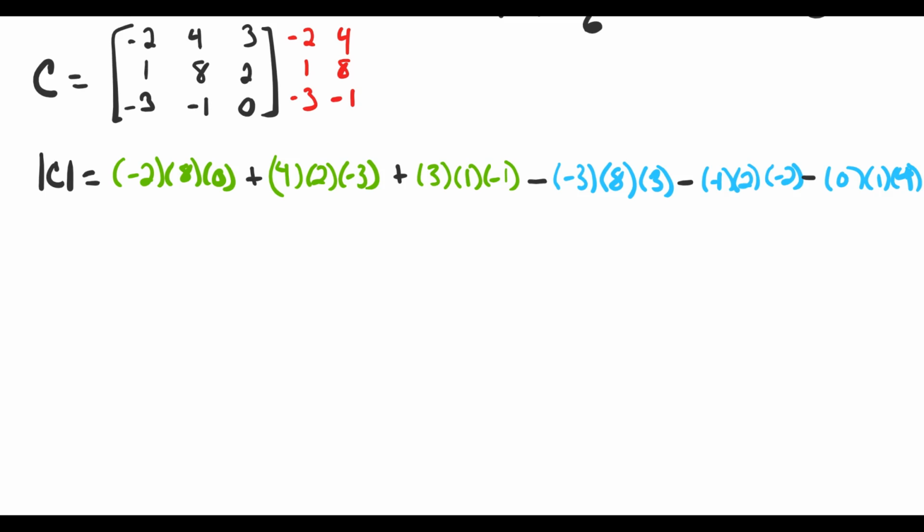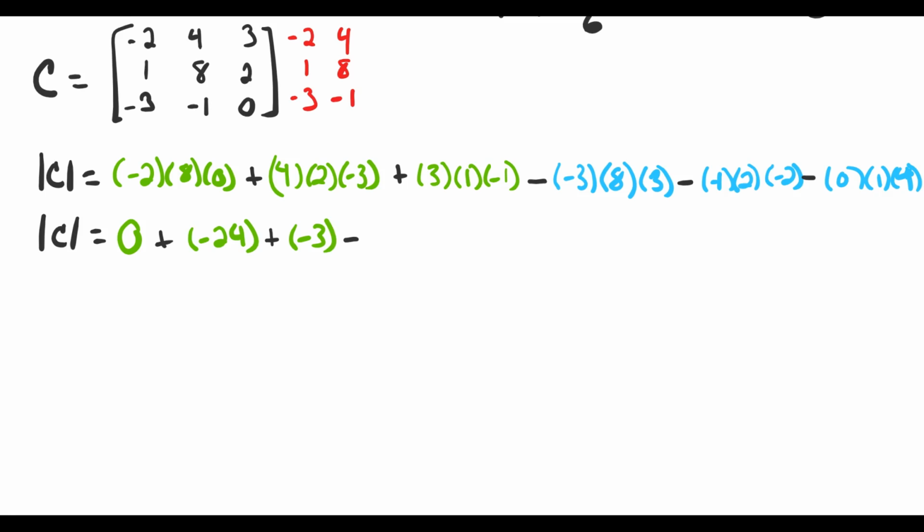So my determinant of C, negative 2 times 8 is negative 16 times 0 is 0. Plus 4 times 2 is 8 times a negative 3 is going to give me a negative 24. Plus 3 times 1 is 3 times a negative 1 is a negative 3.